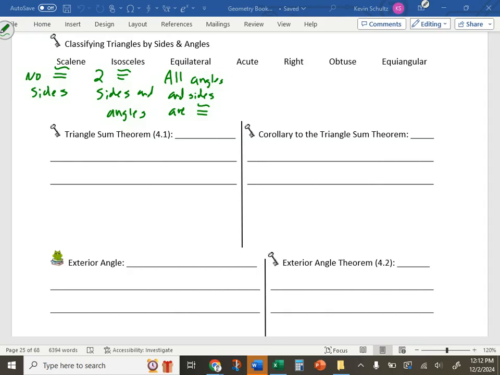What's an acute triangle? Smaller than 90 degrees. All angles, yes. Acute triangle, all angles less than 90 degrees. How about a right triangle?